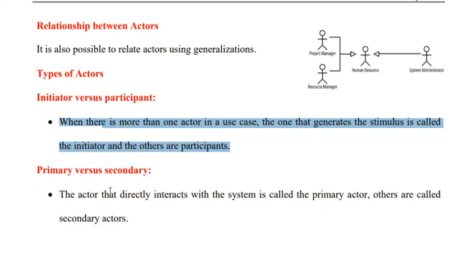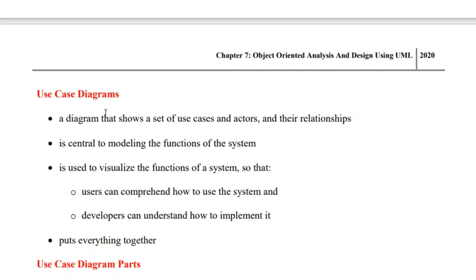Now, primary actors and secondary actors: primary actors are actors who directly interact with the system, and anything other than primary actors are called secondary actors, right? So generalization and specialization is the relationship that may exist between different types of actors, and we have learned about types of actors as well, that is initiators and participants.